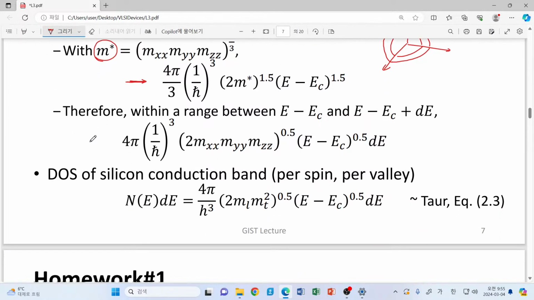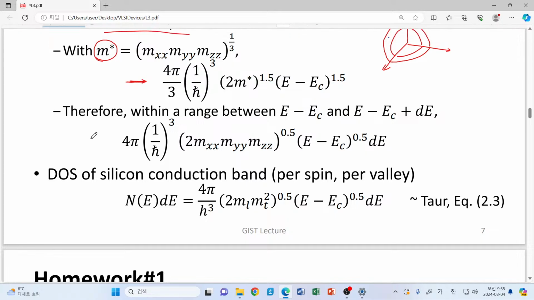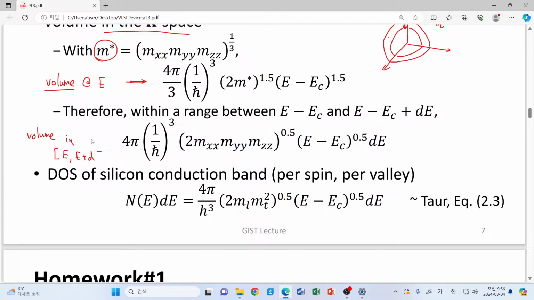Now once you have this shell, what is the difference between this and that? This is just the volume corresponding to your E. However, this is the volume in a range of E and E plus dE.